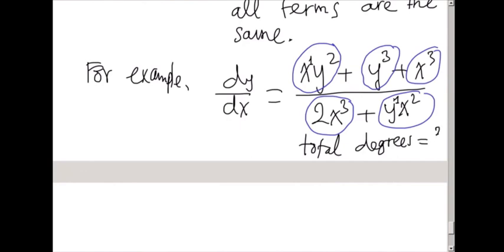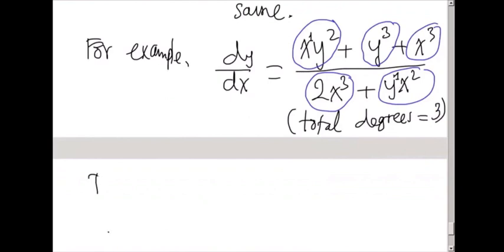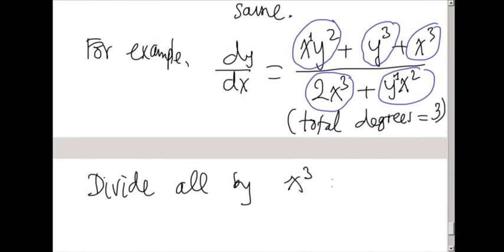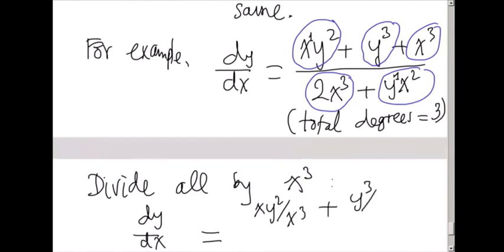degrees are always 3. So in that case, we can divide both numerator and denominator by x cubed. Then you will have dy dx equal to the first thing divided by x cubed, the second one divided by x cubed, and then x cubed divided by x cubed.